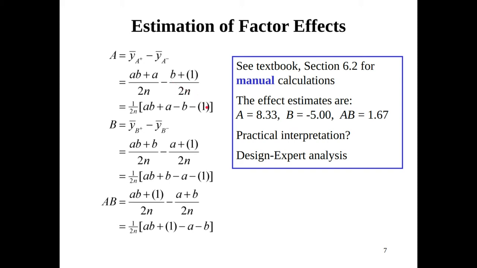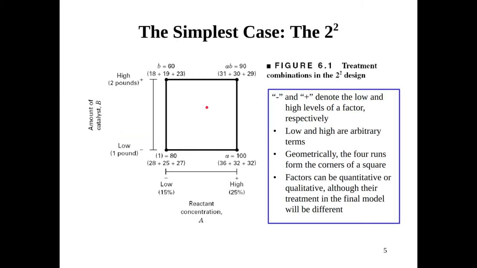That effect can be calculated by taking this as the high A and this as the low A. The six experiments shown here are at factor A at high level, and these six experiments here are factor A at low level. So if you take the average of these six values and subtract the average of those six values, that will give you the effect of factor A.